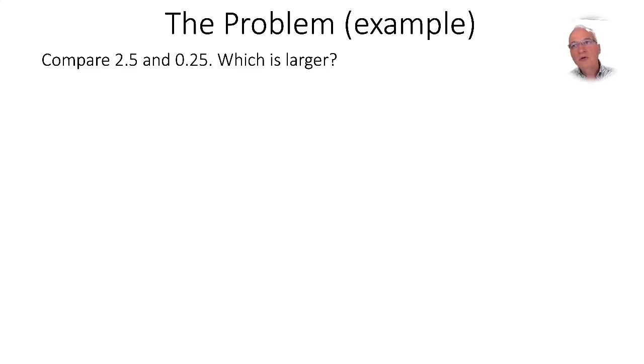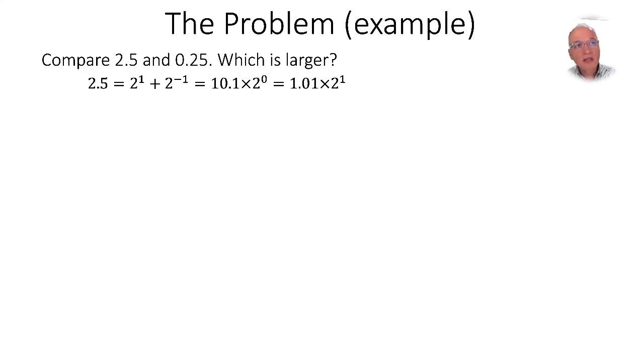Let's say that I want to compare the number 2.5 and the number 0.25, and I want to know which one is larger. So 2.5 is 2 to the 1 plus 2 to the minus 1, which can be represented as binary 1.01 times 2 to the 1.